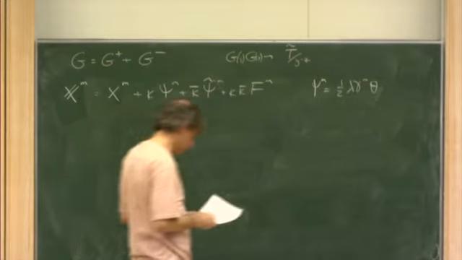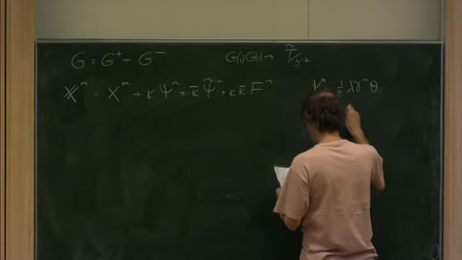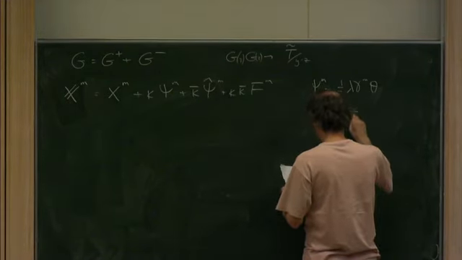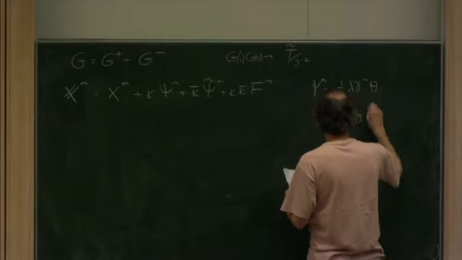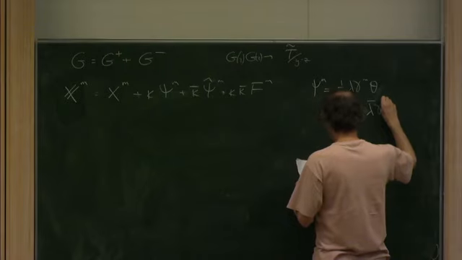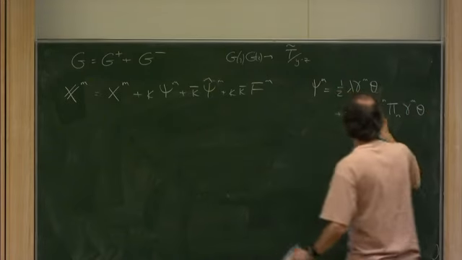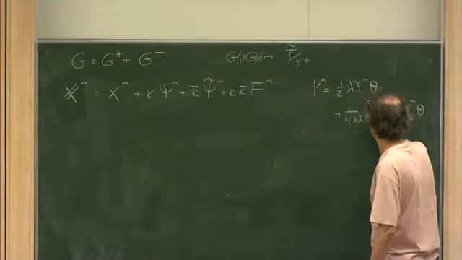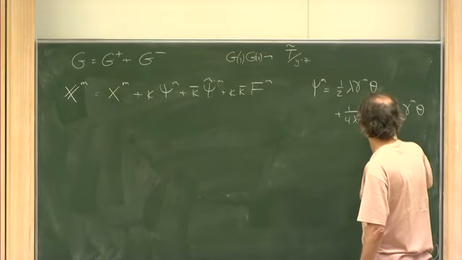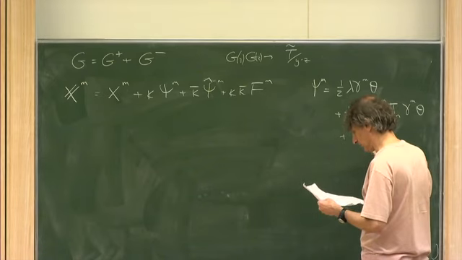So you get two terms. This comes from the pole of x with d, and then you get another term coming from the pole of x with pi.